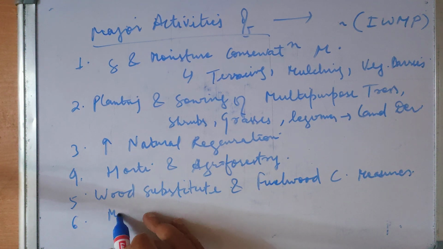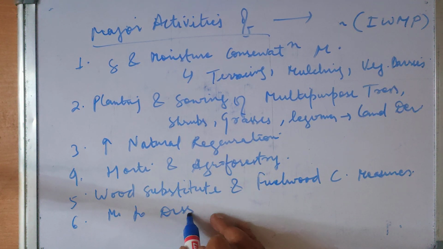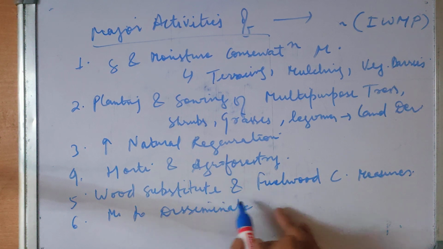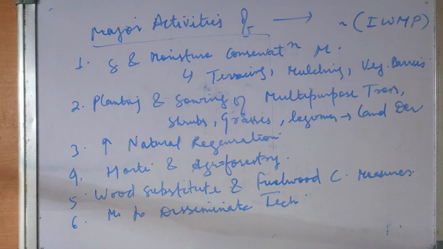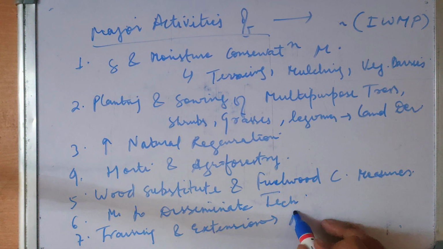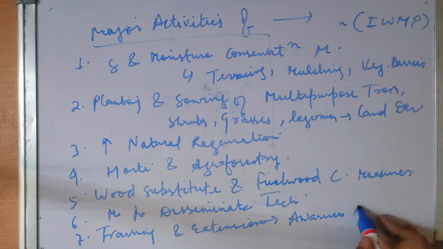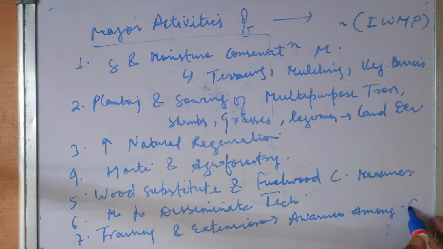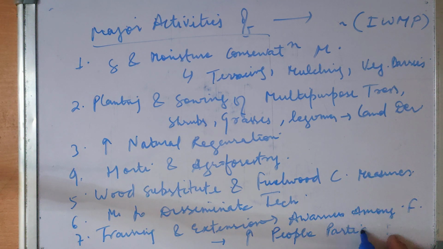Measures to disseminate technology, training and extension to generate awareness among farmers, and to encourage the participation of local people. So these are the major activities under the Integrated Watershed Management Program.